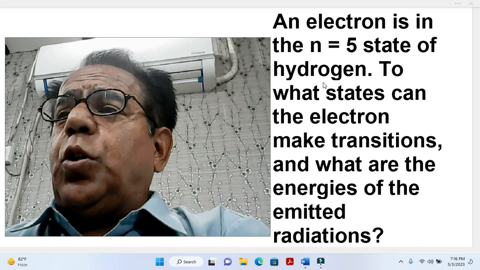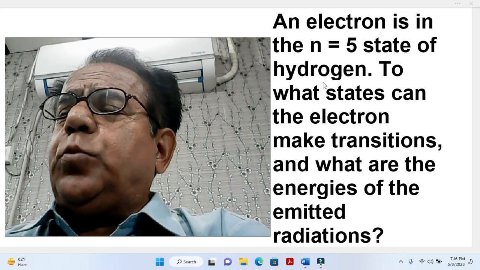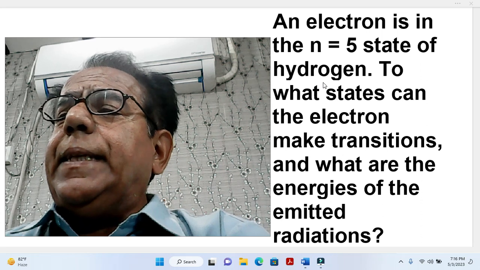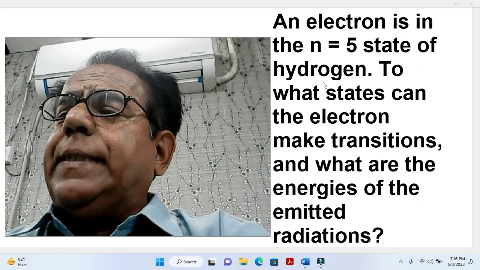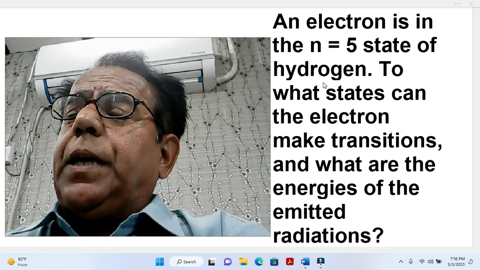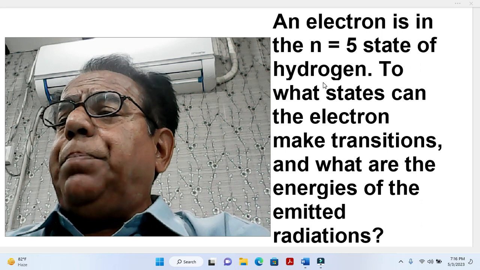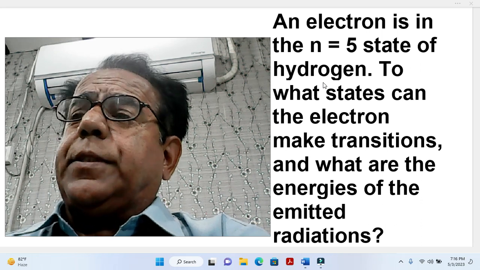An electron is in the n equal to 5 state of hydrogen. To what states can the electron make transitions, and what are the energies of the emitted radiations? Number 1, transitions, and number 2, energies. We have to find two things.